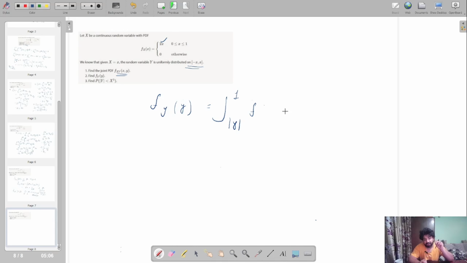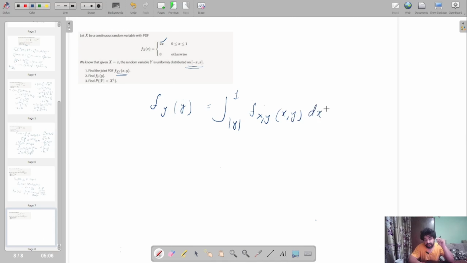So the limits of x can range from modulus of y to 1. That is why we have written it like this. Now I can write f(x,y) dx.